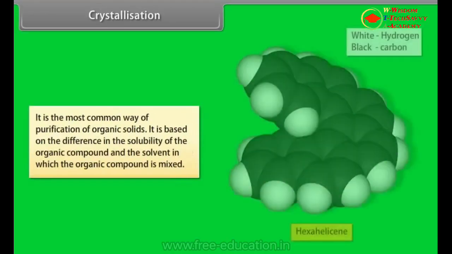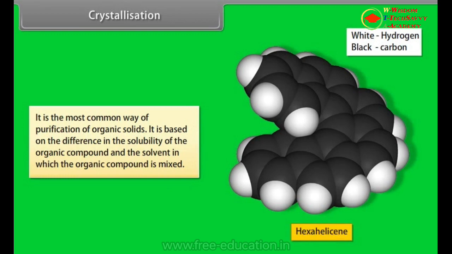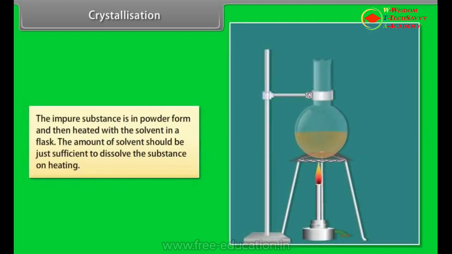Crystallization. It is the most common way of purification of organic solids. It is based on the difference in the solubility of the organic compound and the impurities in the solvent. The impure substance in powder form is heated with the solvent in a flask. The amount of solvent should be just sufficient to dissolve the substance on heating.